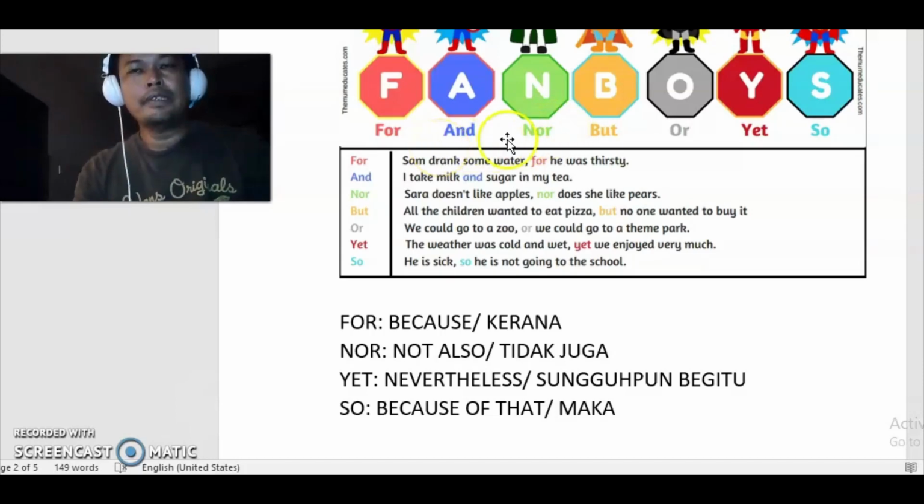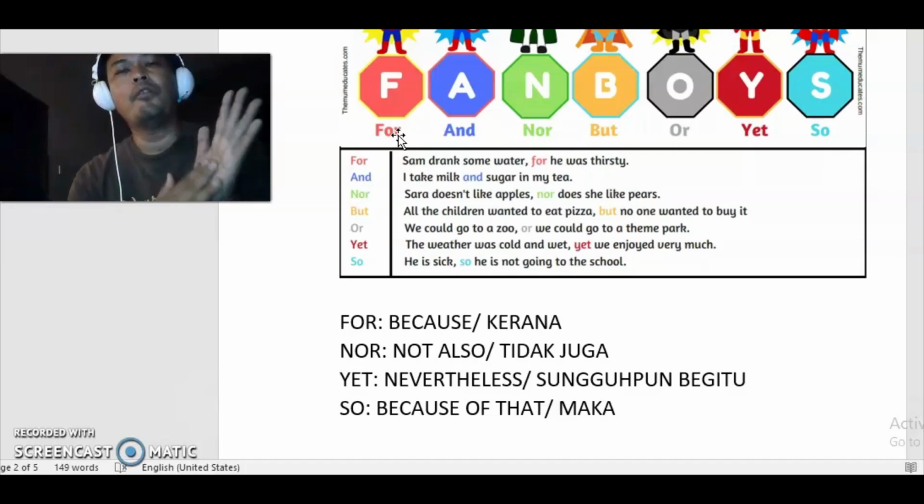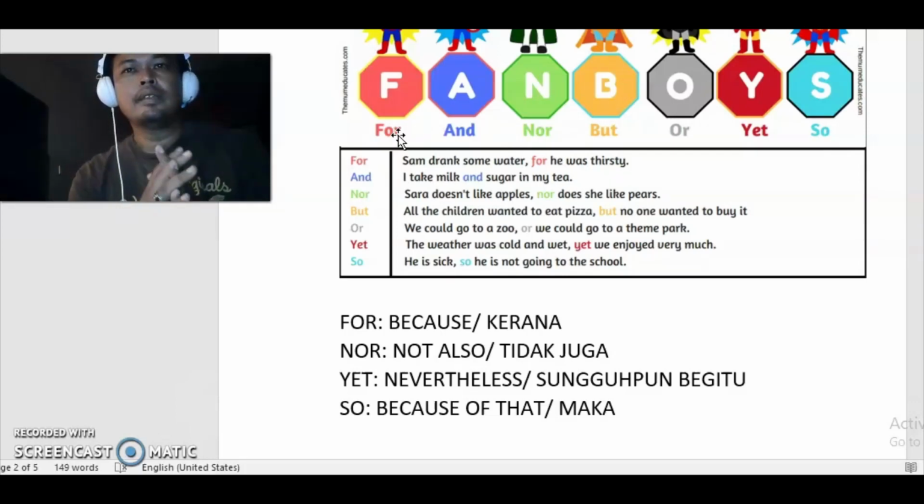Now, I'm going to emphasize this. Some of you might get confused because, for example, for, you may be confused with a different form of for, which is a preposition. It's not a preposition.